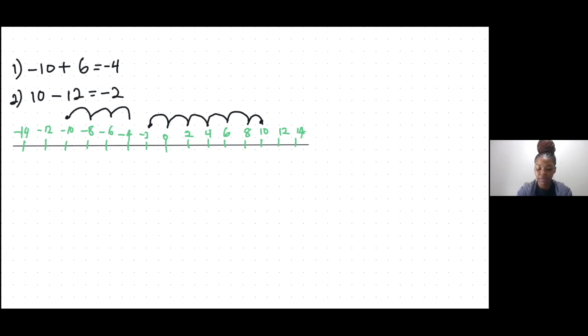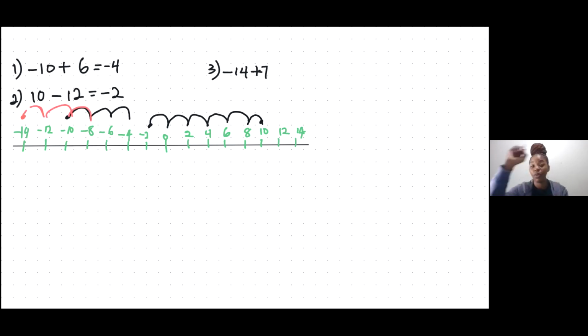And now for the third, let's do -14 add 7. So I'm going to go at -14, I'm going to go to 7. So this is 2, 4, 6.